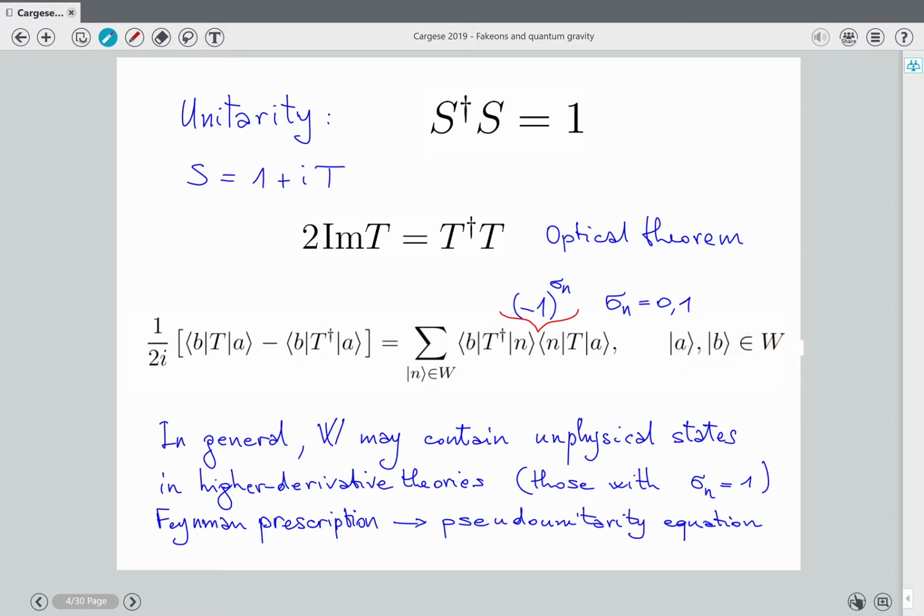You can say, let me neglect the unwanted external states. You can do that, but they will reappear in the middle because you cannot choose what appears there. And if they do appear there, you regenerate them back. And therefore, if you really want to throw them away out of your physical spectrum, you have to do something inside your diagrams.